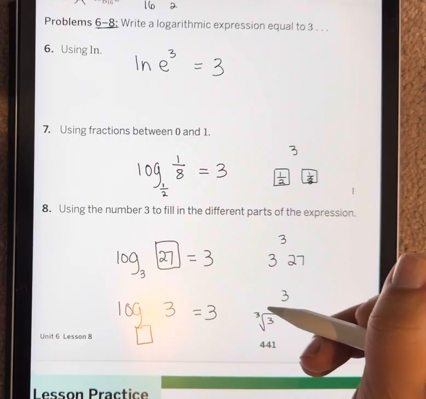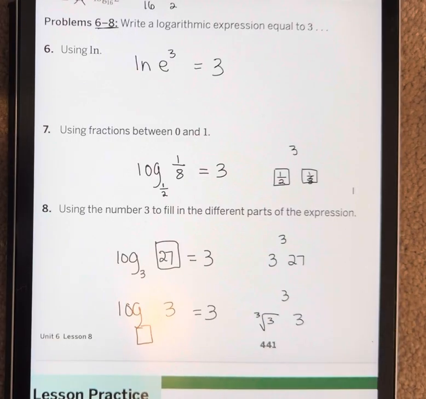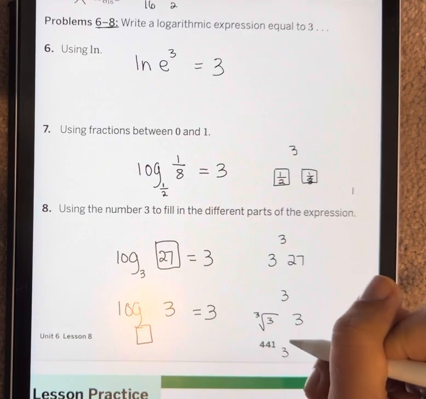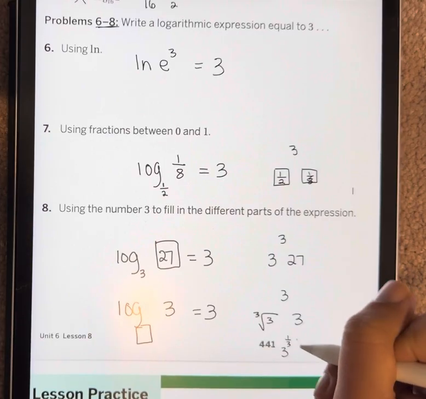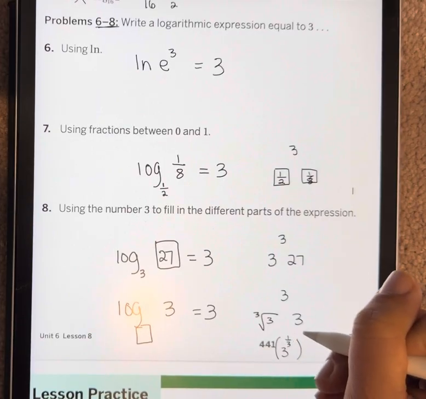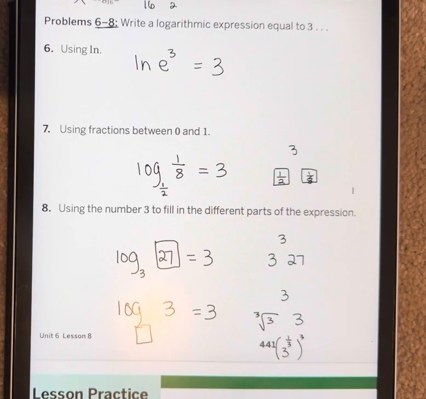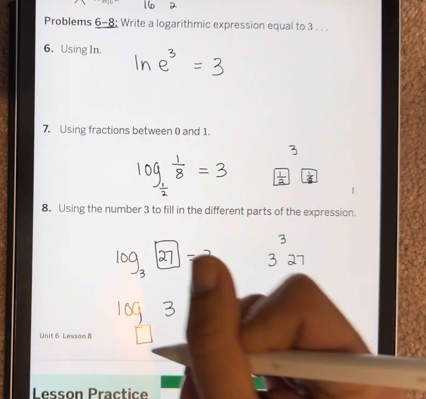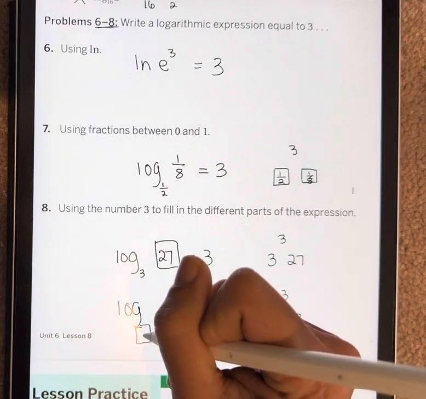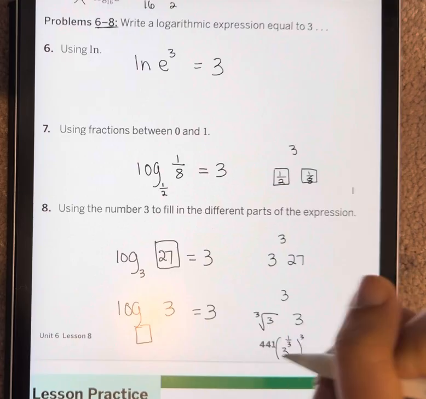Cube root to the third, cancel, and we'll get just 3. Or it will cancel out a 1/3 exponent, because 3 to the 1/3 is the same as a cube root. But anyway, to the third, 1/3 times 3 cancels out, leaves us with 3. So whichever of these two you want to write there works. I'm going to go with, you know what? I'm going to go with 3 to the 1/3.